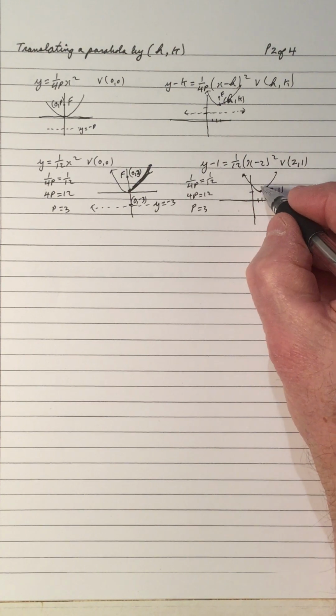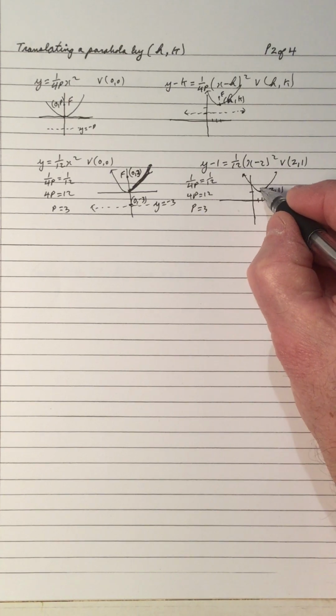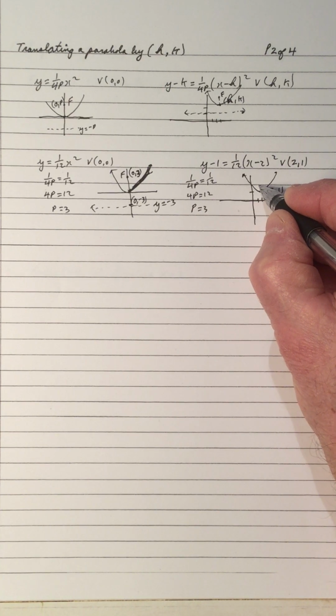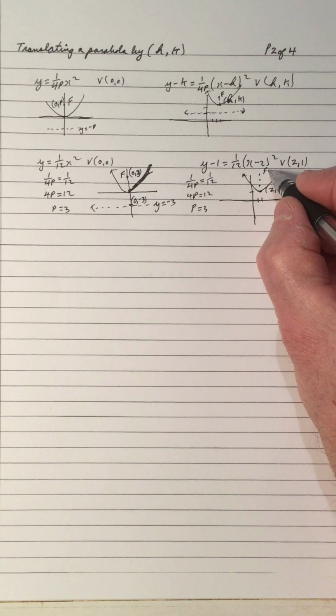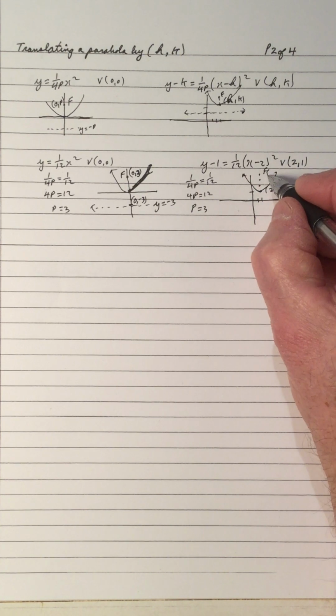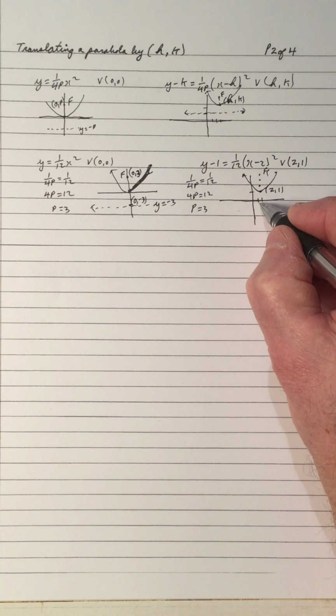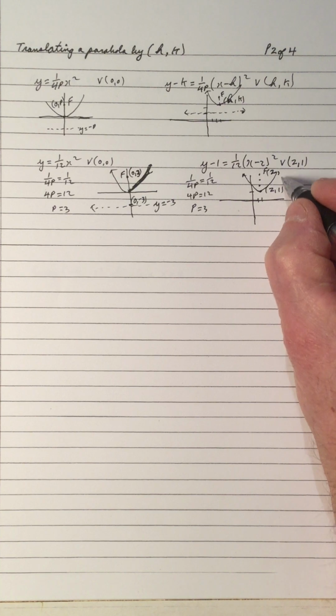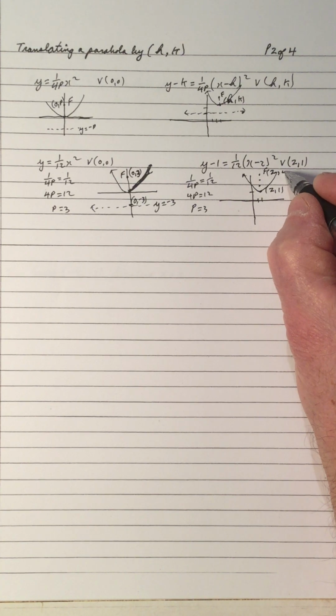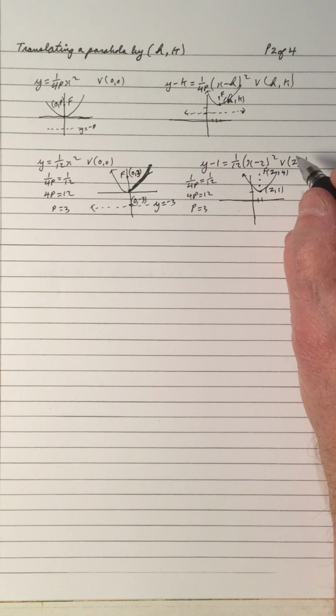And p is 3, so we go up 3 units: 1, 2, 3. So for the focus, x is 2 on the vertical line, that stays, and we add 3 units to 1: 1 plus 3 is 4, so the focus is (2, 4).